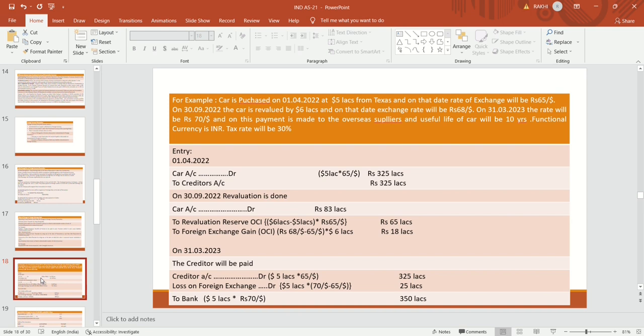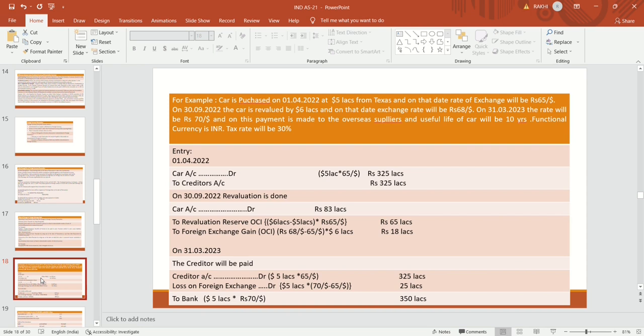The 5 lakhs was recognized earlier at the exchange rate of 65. Now the valuation has increased by 1 lakh, because 6 lakhs minus 5 lakhs is 1 lakh, and we also reduce the exchange rate recognized earlier.